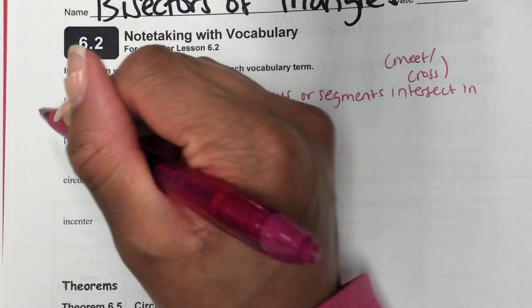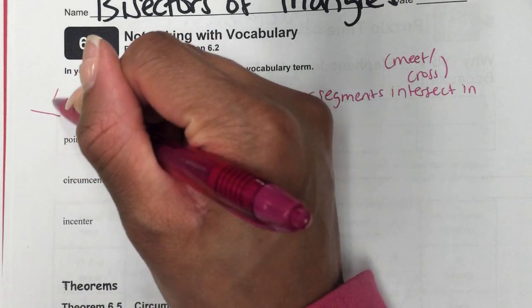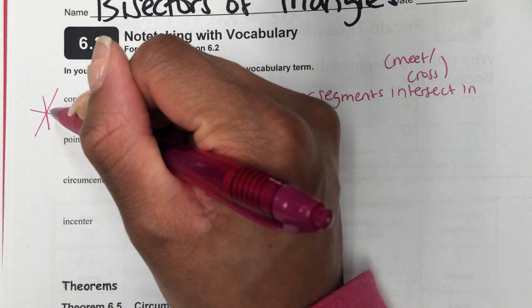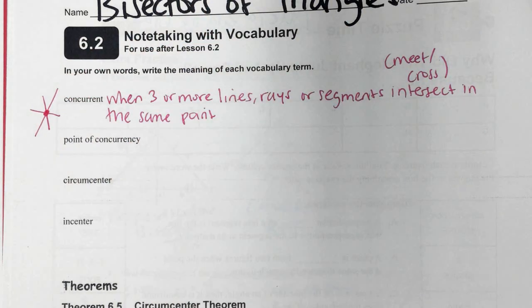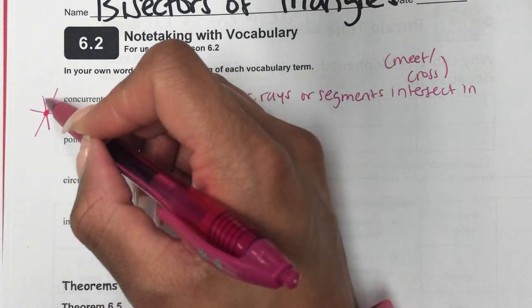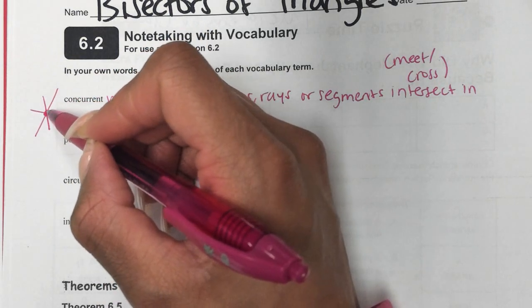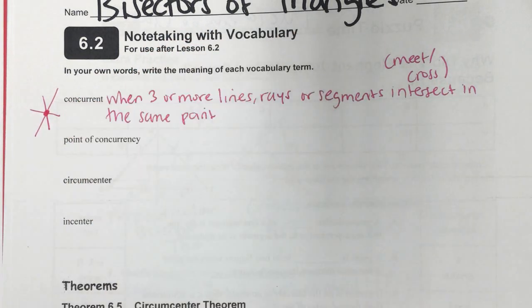Okay, so this means if I have three or more lines, let's say I had three, that very point in the center, these lines are the concurrent lines that meet at this point. And this is called your point of concurrency.